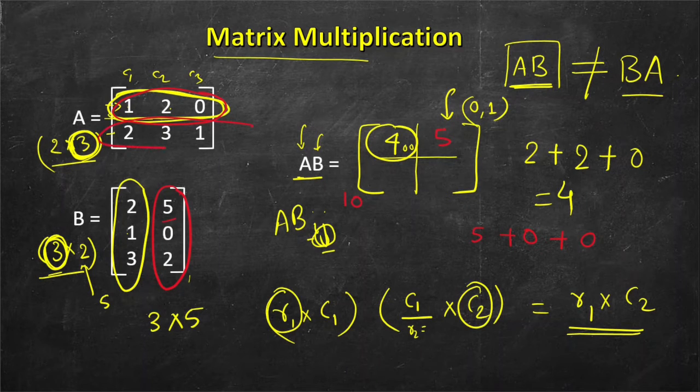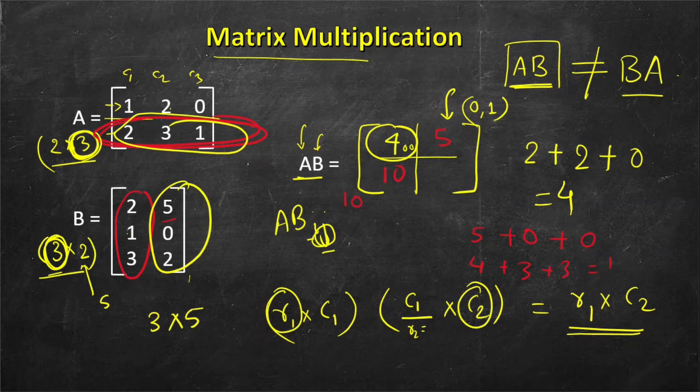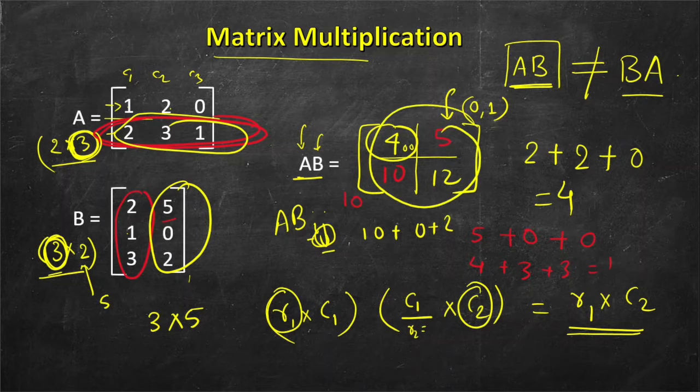So first row here, and 0th column here. Again do the dot product. 4 plus 3 plus 3, that is 10. So 10 comes here, and finally we have here 1, 1. So second row here and second column here. So 10 plus 0 plus 2, that is 12. So this is the result, 4, 5, 10, 12.